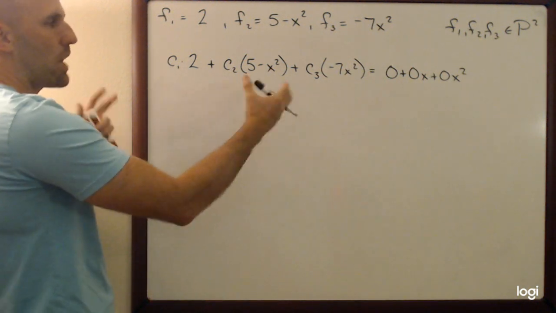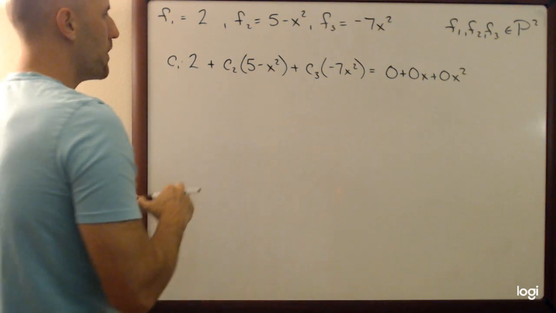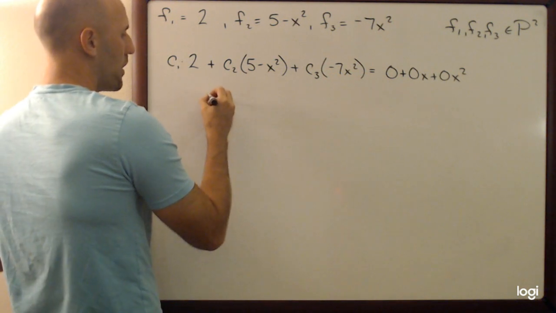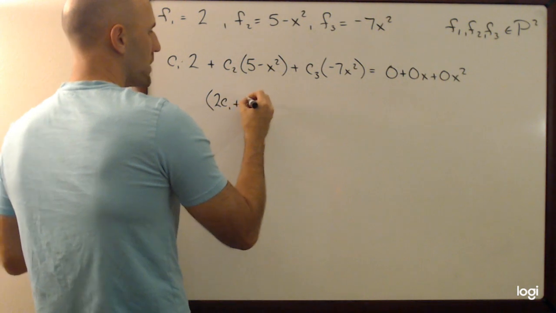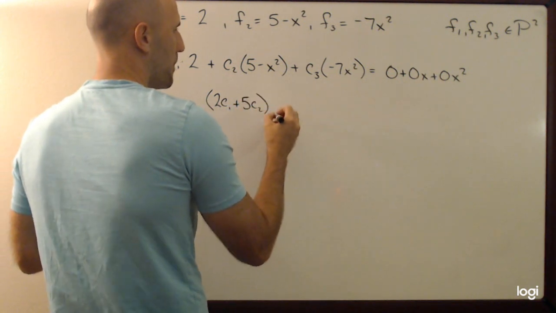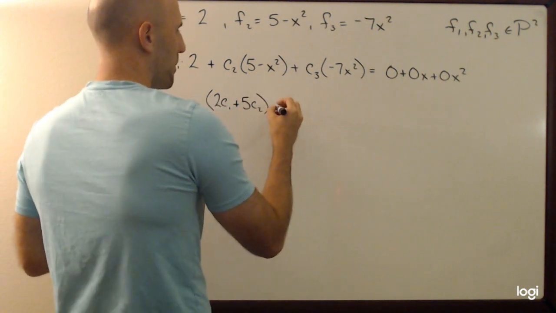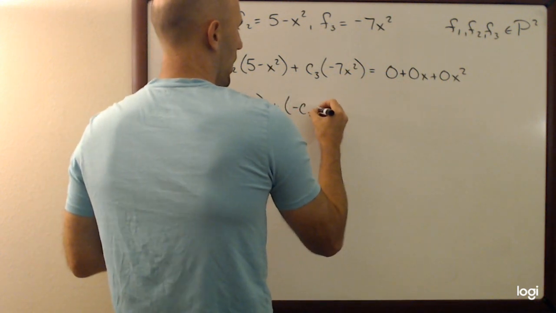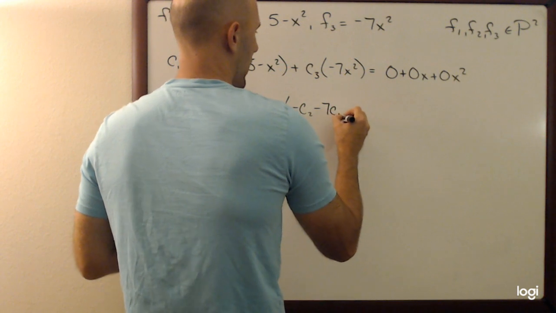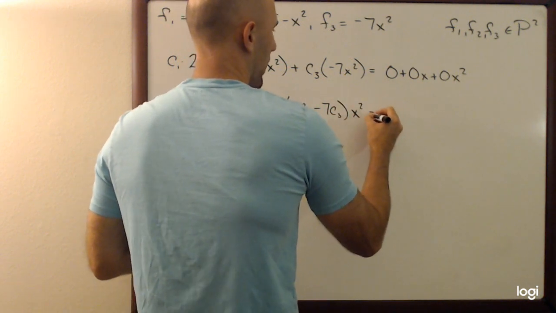Let me distribute and I'll collect all of my coefficients. What I get here is, as my constant term, 2C1 plus 5C2. And as my x squared term, I get negative C2 minus 7C3 x squared.